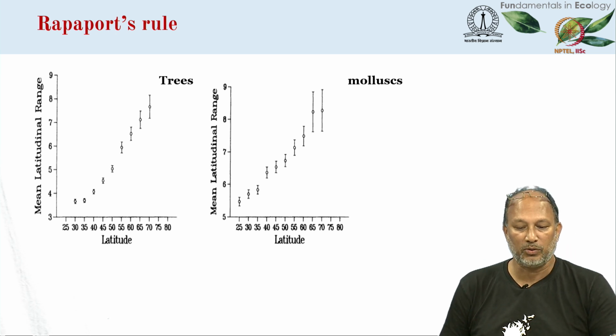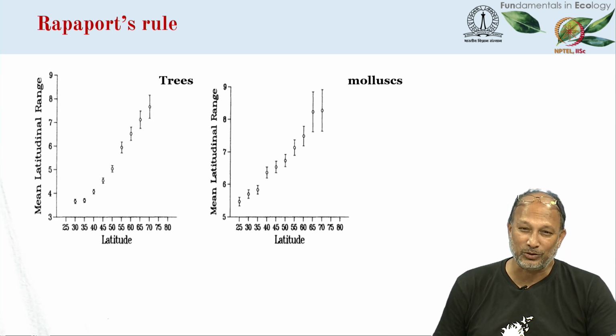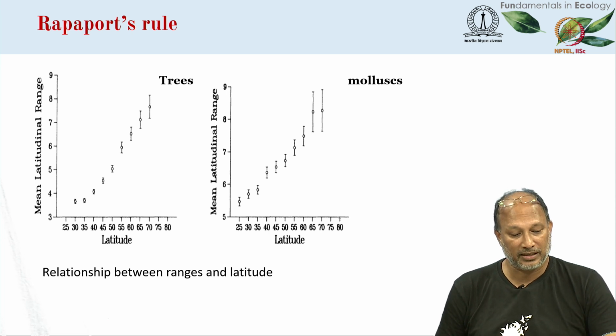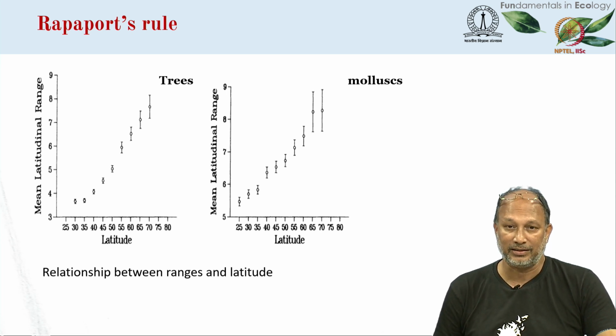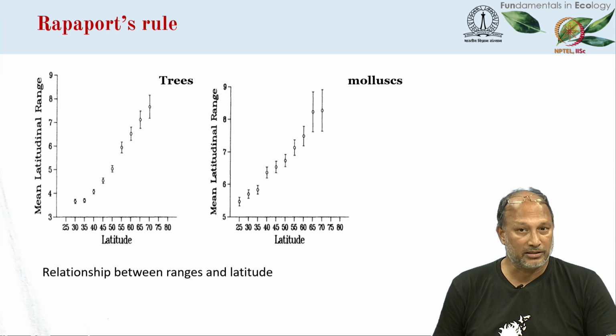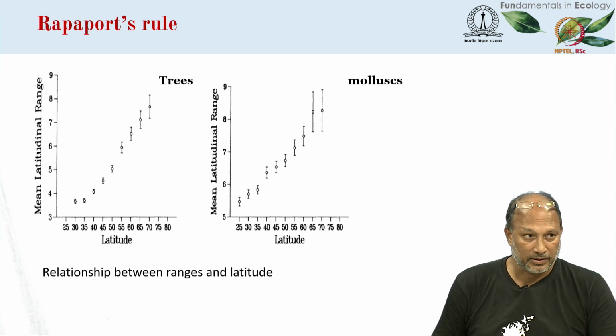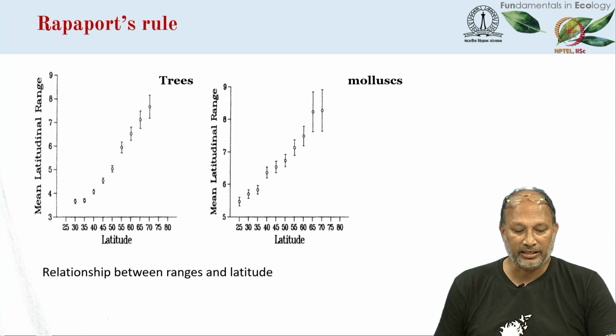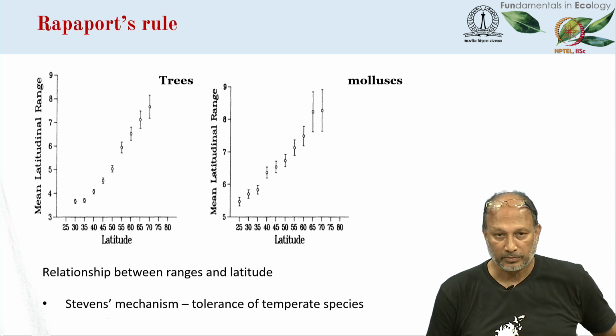So as you went from lower to higher latitudes, the latitudinal range size itself increased. This led them to postulate this relationship between ranges and latitude as something that was caused by underlying ecological factors, and this relationship was known as Rapoport's rule.